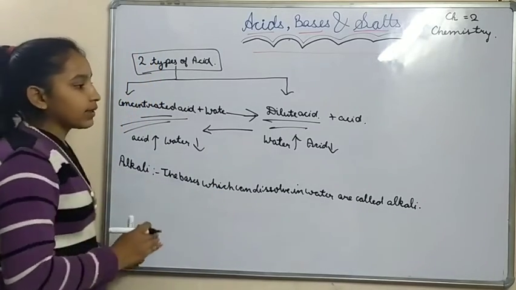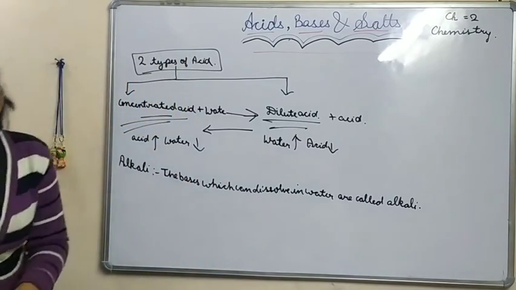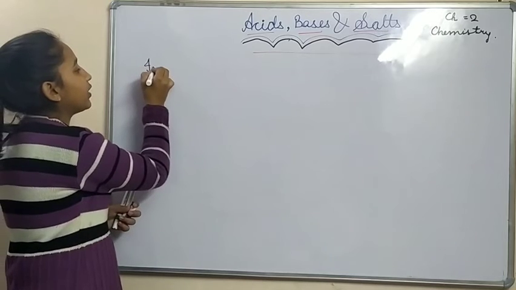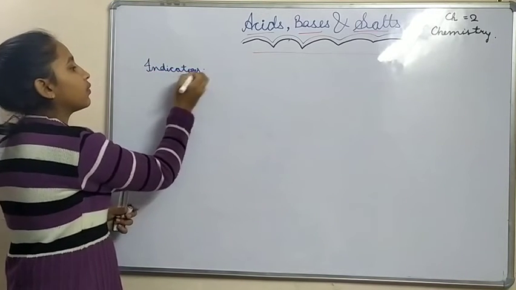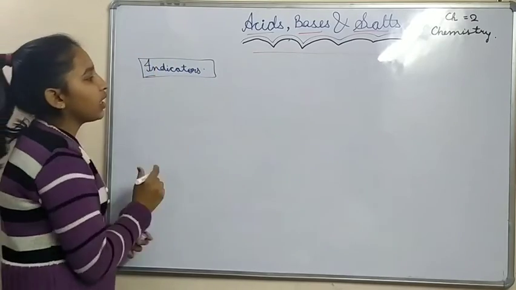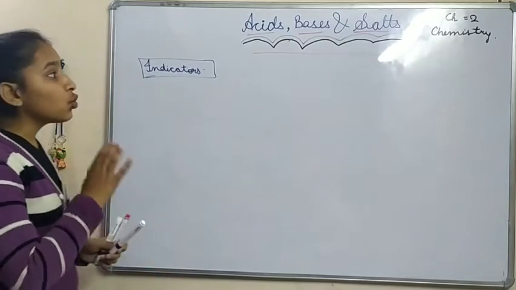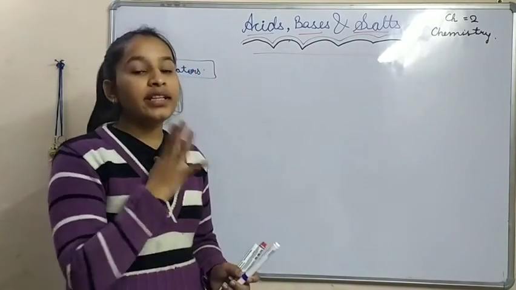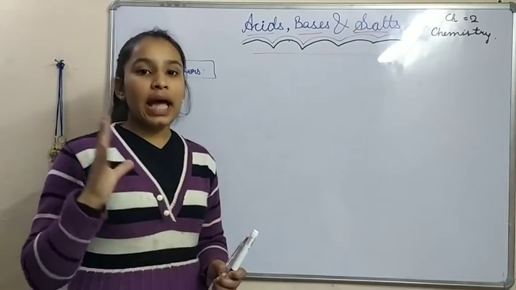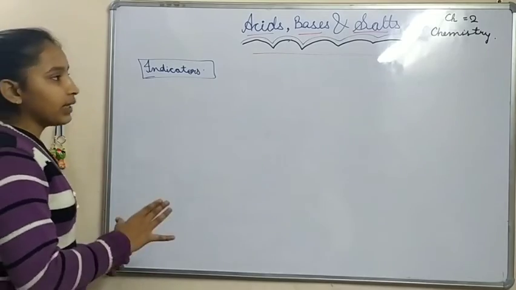Now we will discuss what indicators are. This is a main issue. What are indicators? Indicators are those things by which we can determine that this is an acid, this is a base.